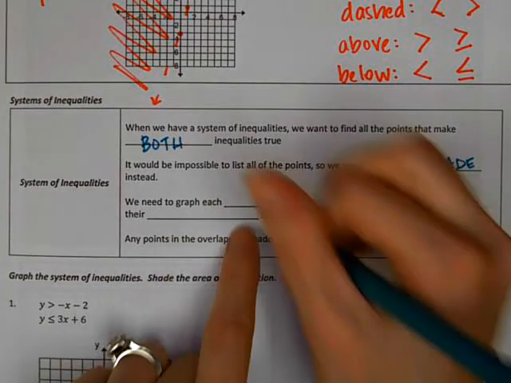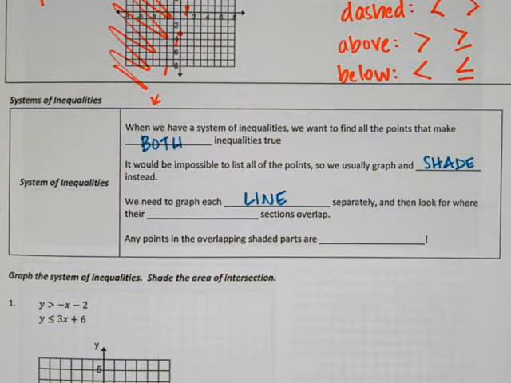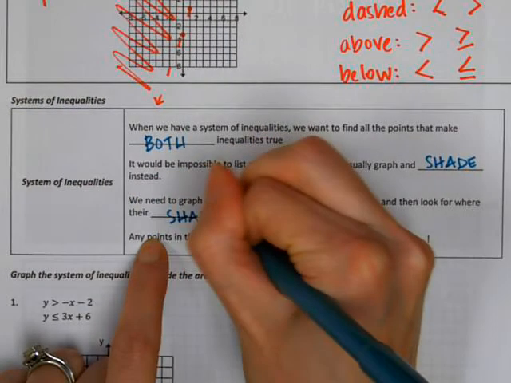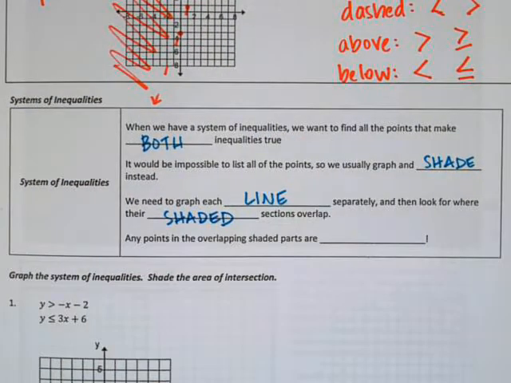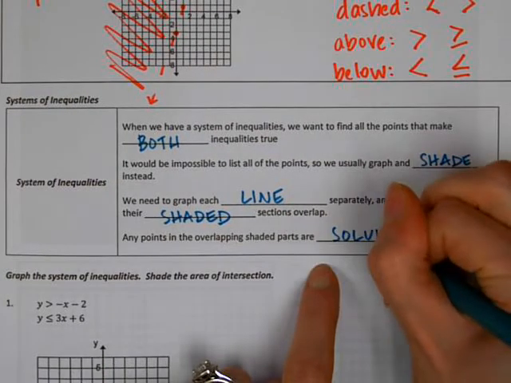We need to graph each line separately and then look for where their shaded sections overlap. And then any points that are in the overlapping shaded parts are the solutions.